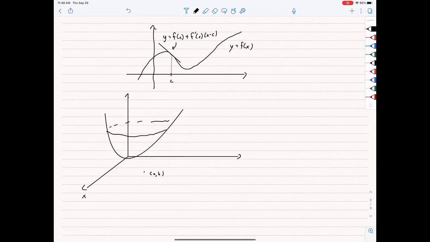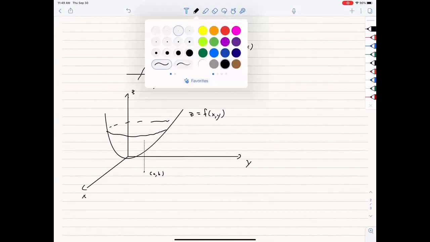This is our xy plane. This is our z. This whole thing here is the graph of our function z equals f of x, y. We look and see where that point (a, b) goes to some point on this graph here. Oops.